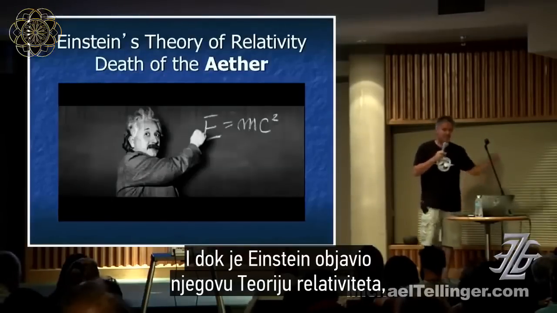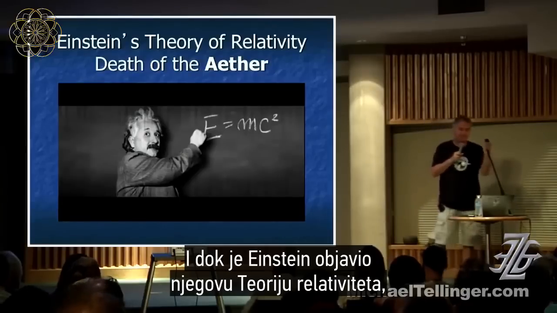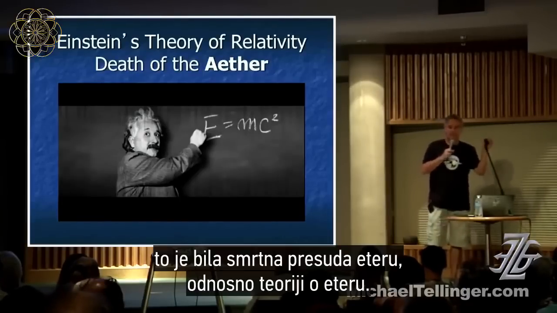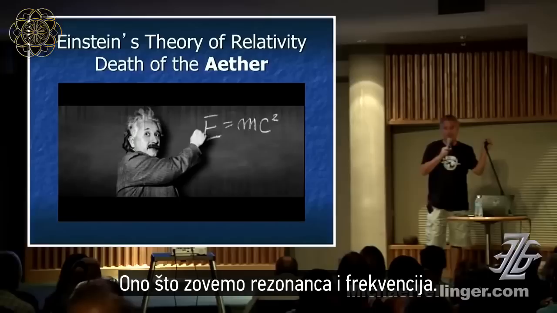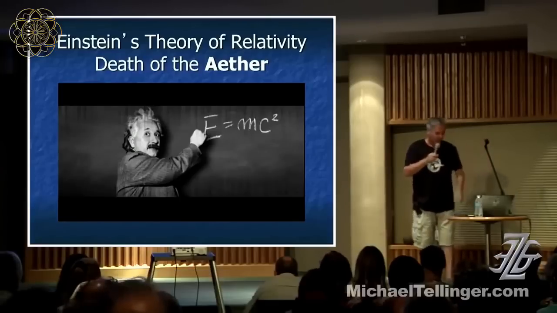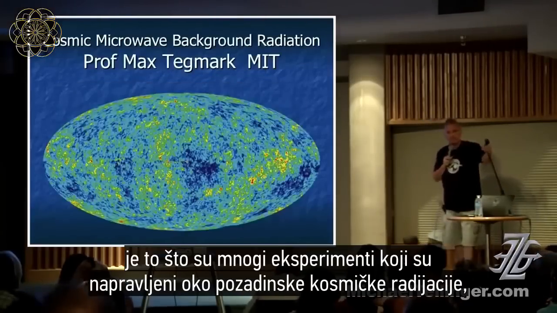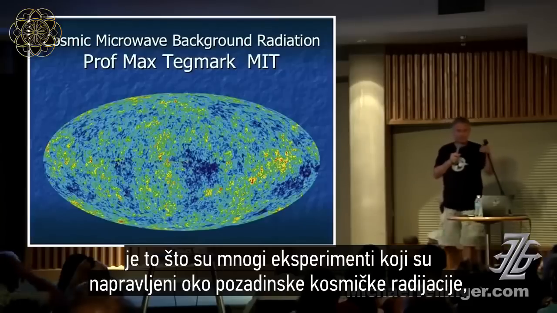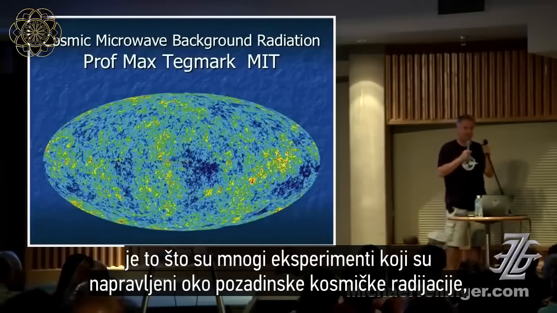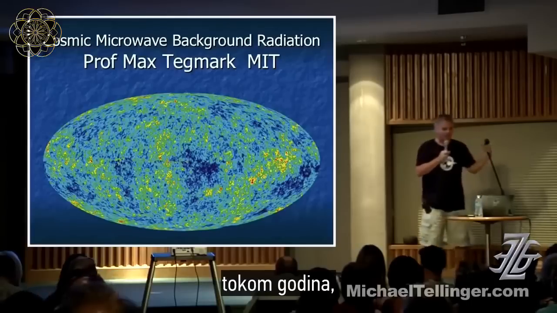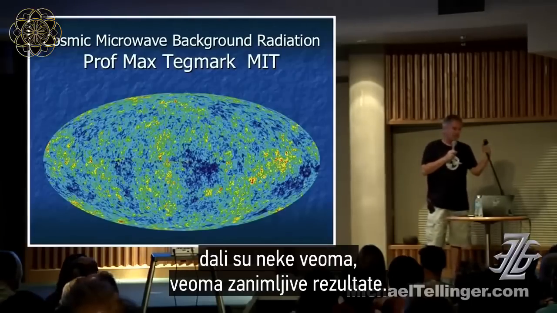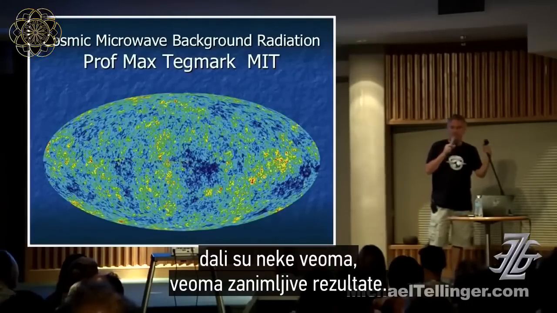And by the time Einstein released his theory of relativity, that was the final death knell of the theory of the ether, or as we call it, resonance and frequency. What's even more interesting and important is that the many experiments done with the cosmic background radiation over the years have brought back some very interesting results.